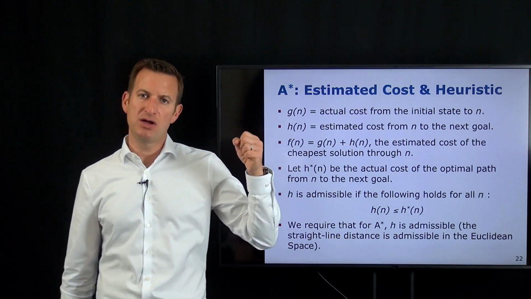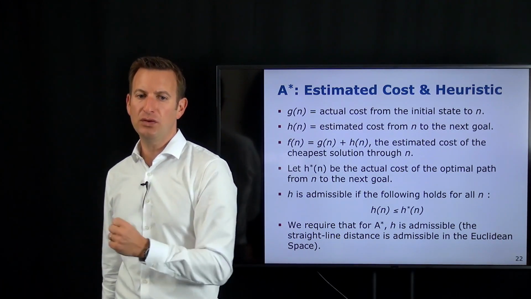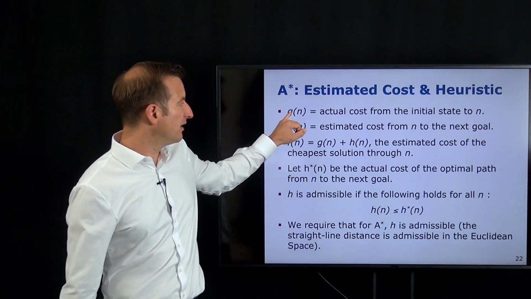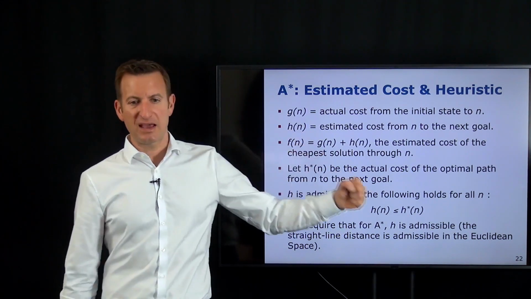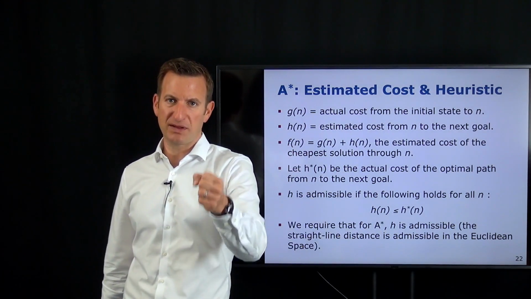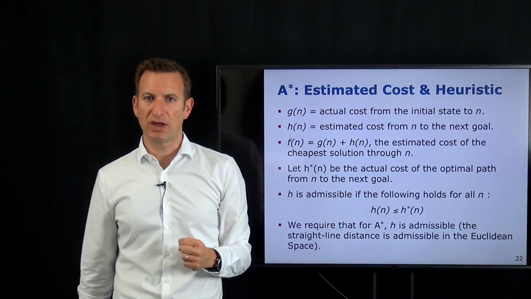But again, now not from the start location, but from the location n to the goal location. So g is basically the computed cost expansion from the initial state to n, and the heuristic tells me how expensive it is to get from this node n towards my goal location.